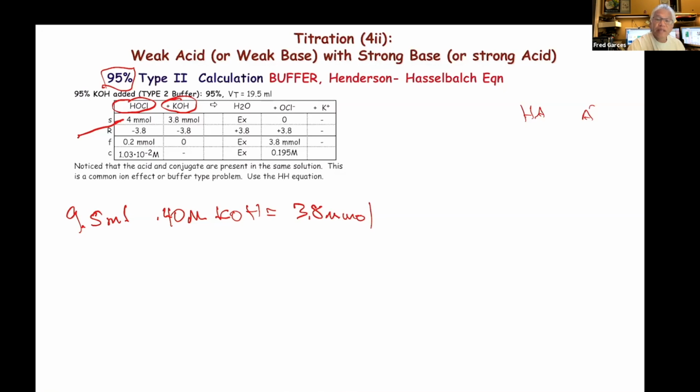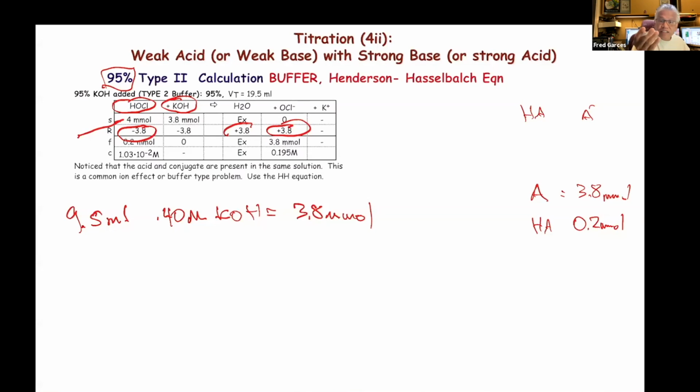It's your limiting reagent. That demands that 3.8 of your acid reacts, which means it forms 3.8 of the conjugate. Now the conjugate is 3.8 millimoles, and the acid is 4 minus 3.8, which is 0.2 millimoles.